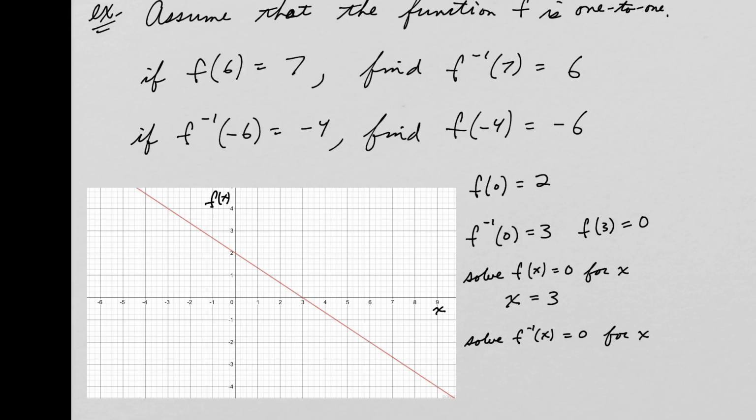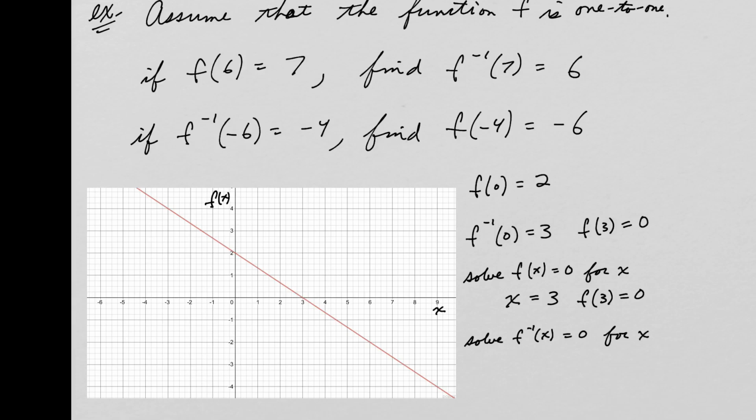Okay, because we know that f of 3 gives me back 0. And then finally the last one, I want to solve f inverse of x equals 0 for x. So what must x be such that if I take the inverse of it, I get back 0? So think of it as, I want the inverse of an output that gives me back the input of 0.